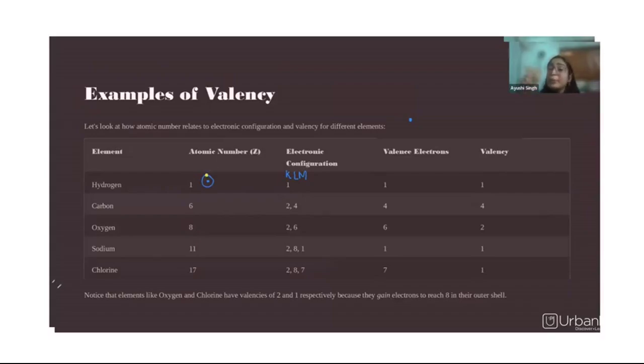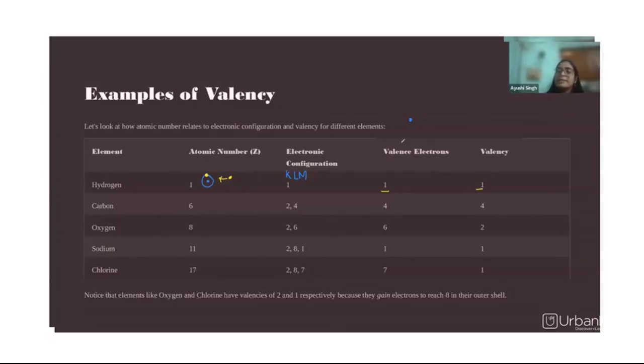But we remember that the capacity of the first shell is 2 electrons. So one more electron can come here, and its valency will become 1.